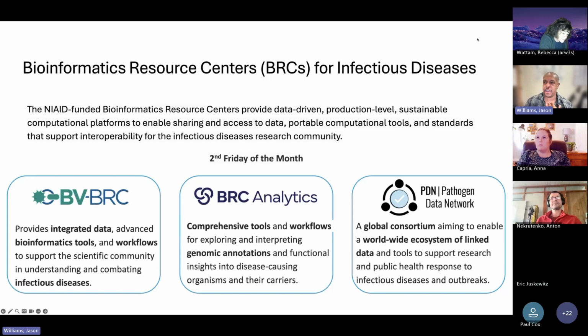So currently, this is a group of 3 distinct projects, which all have the same mission of providing tools and computational platforms that are really going to support infectious disease research and all of the people in those communities. Of those 3, we have the BBBRC, BRC Analytics, and the Pathogen Data Network.